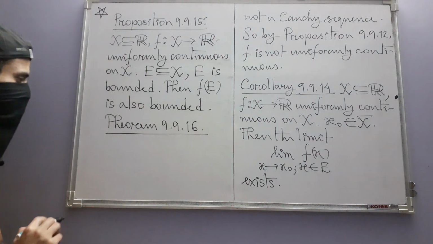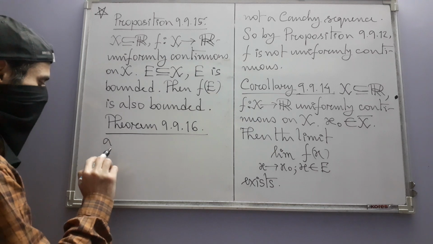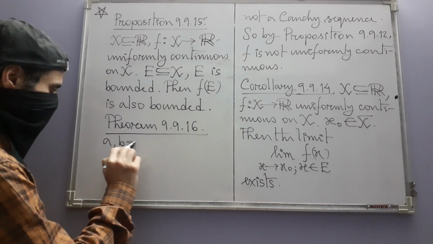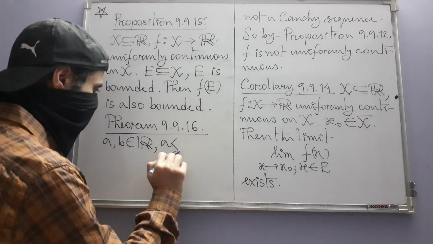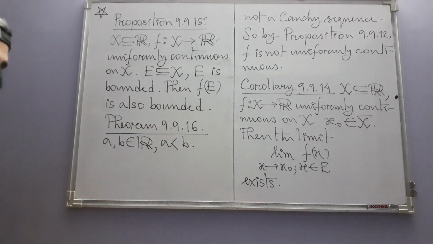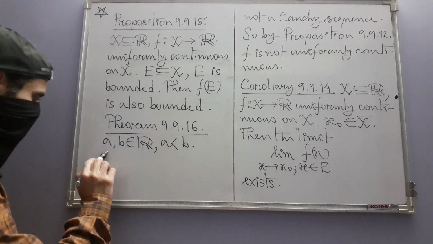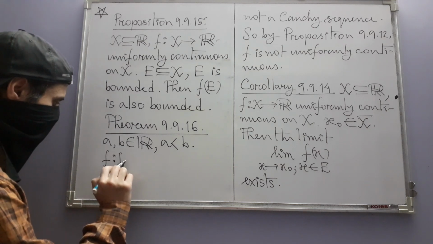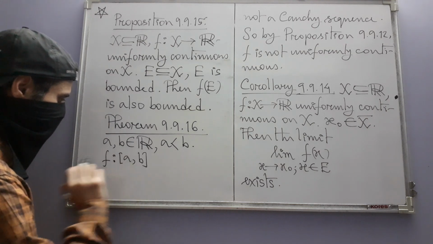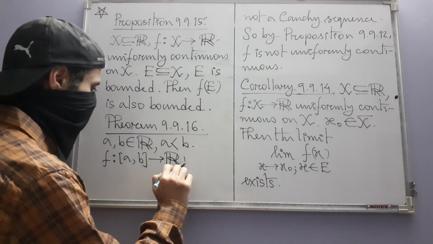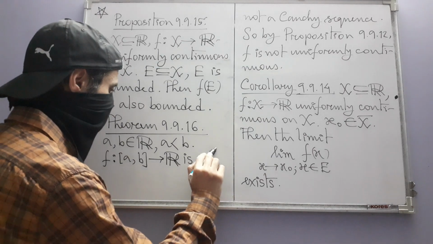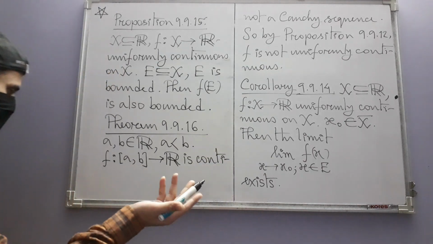And the statement is basically this: A and B are real numbers where A is less than B, and F from closed interval a comma b into R is continuous, ordinary continuity.